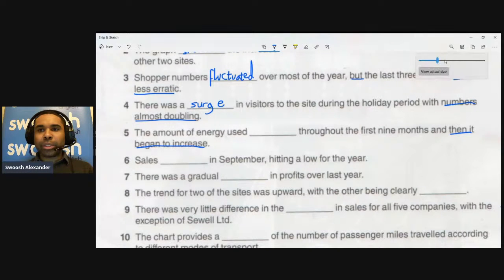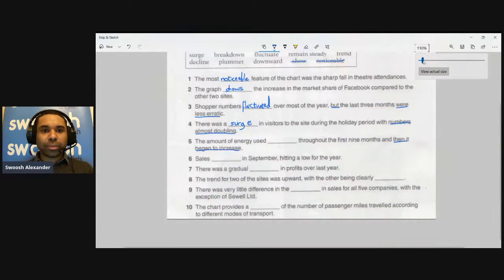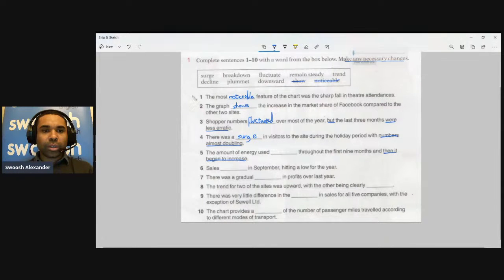So let's have a look at our options again, see what we've got. We've already used surge, we've used fluctuate. So what could be the option here? I think remained steady is our best option out of those that remain.